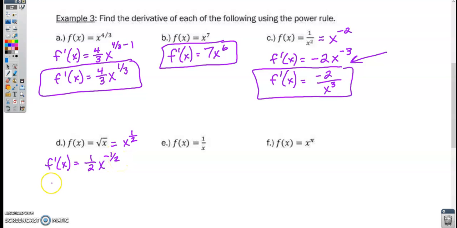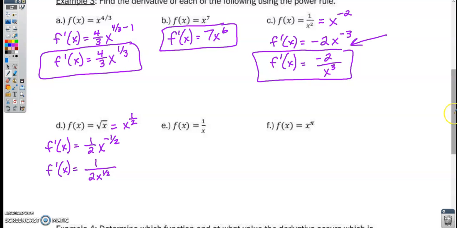And now I'm going to do a little bit more with this. Since I've got that negative exponent, if I bring that down into the denominator, I can make it positive. And then x to the 1/2 is just the square root of x. And so this derivative is 1 over 2 square root of x.